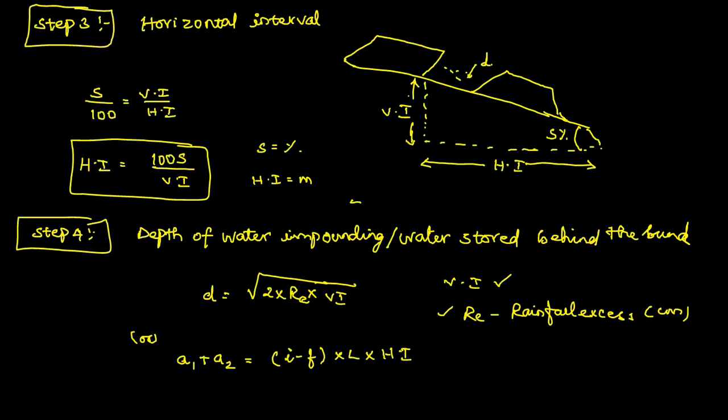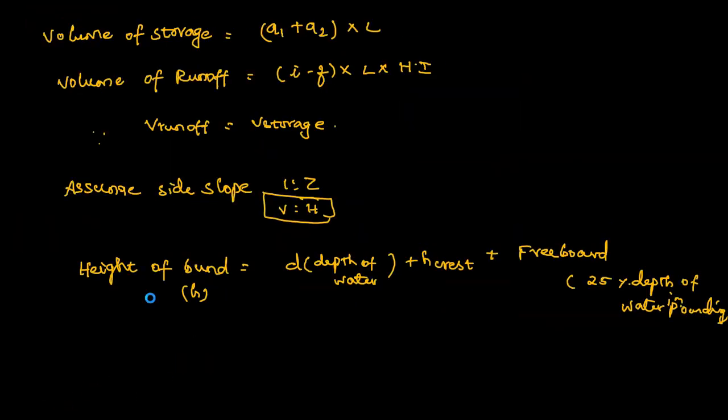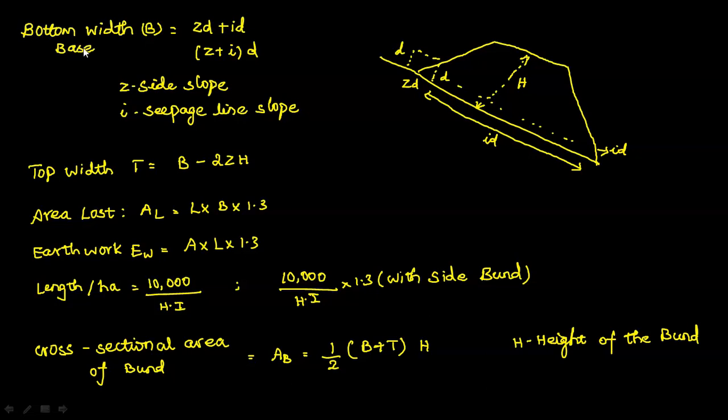First we go into step 5, the bottom width of the contour bund. You see here, this is the side slope which is given in the contour. So take it as ZD plus ID, where I denotes the seepage line slope and Z denotes the side slope.